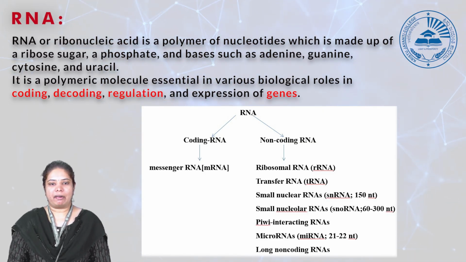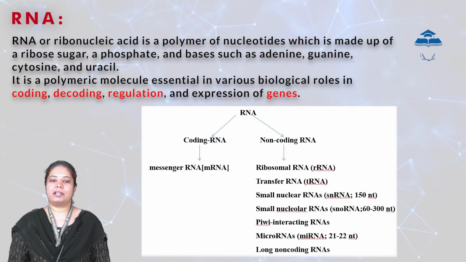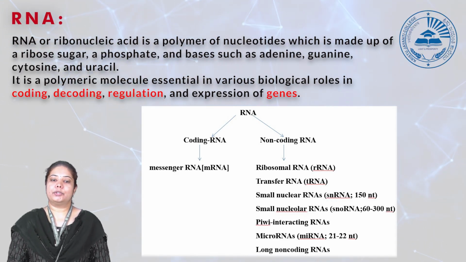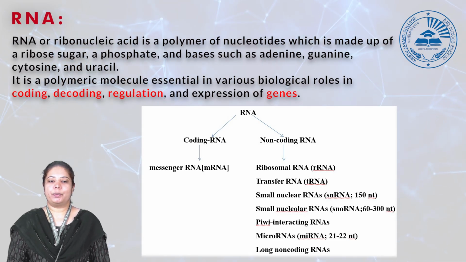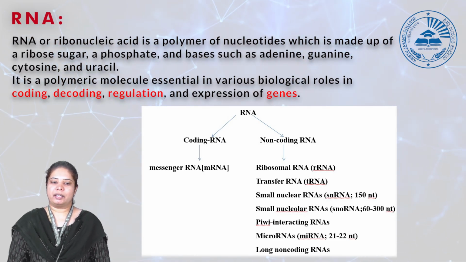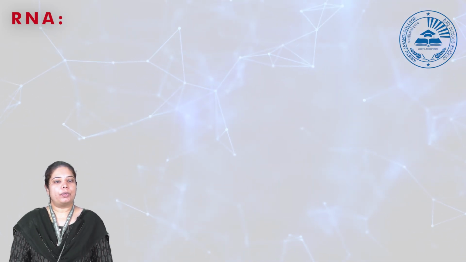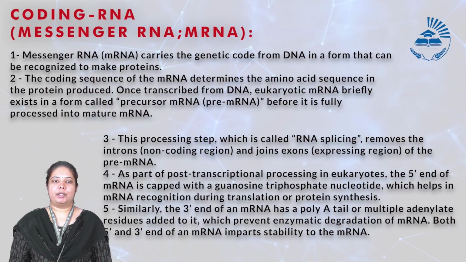Under non-coding RNA, we have ribosomal RNA, transfer RNA, small nuclear RNA, small nucleolar RNAs, PIWI-interacting RNAs, microRNAs, and long non-coding RNAs. Now we'll start with coding RNA, which includes the mRNA molecule.